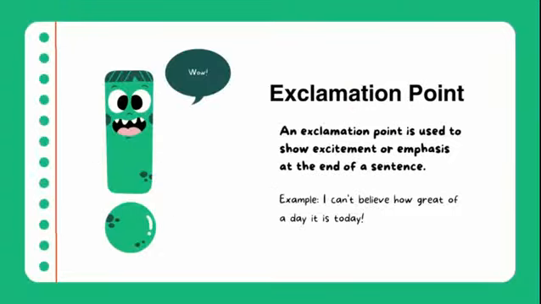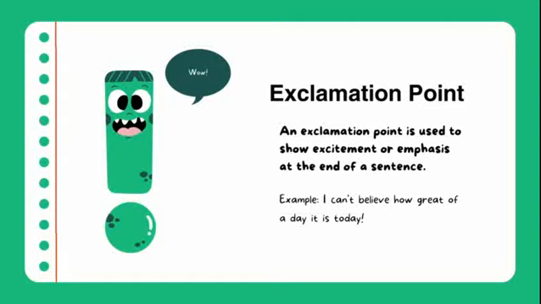We also have what we call the exclamation point. Other times you can call it exclamation mark. It means the same thing. An exclamation mark is used to show excitement or emphasis at the end of a sentence. So for example, you can say, I can't believe how great a day it is today!